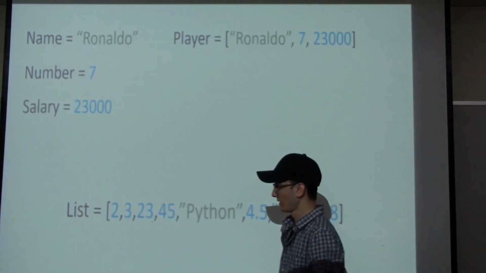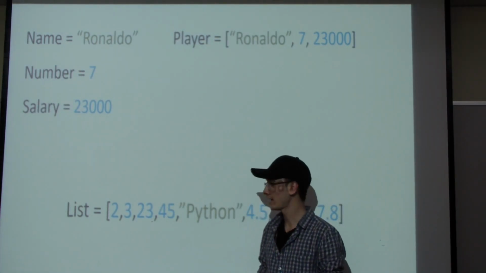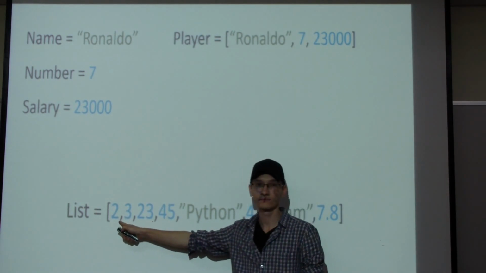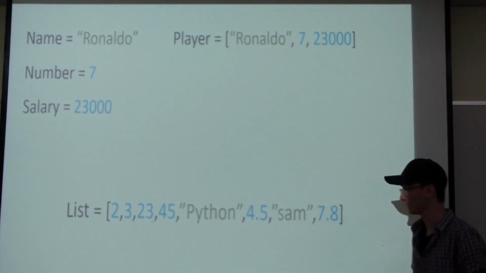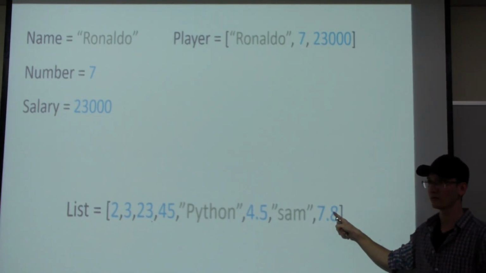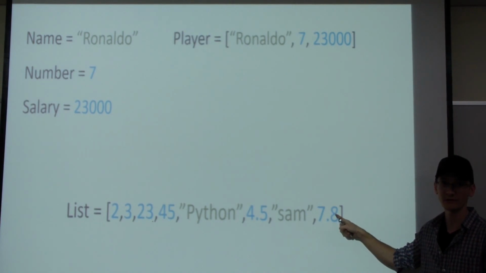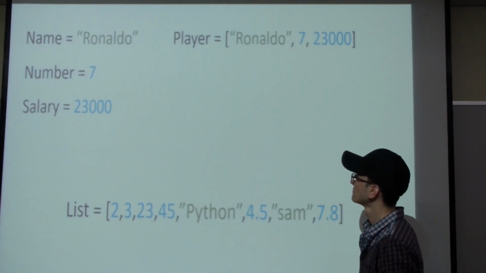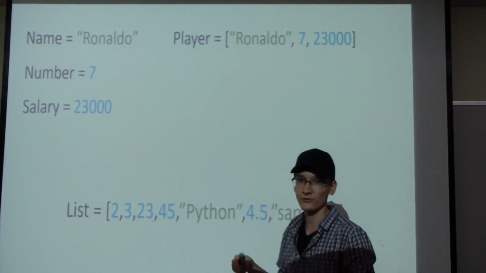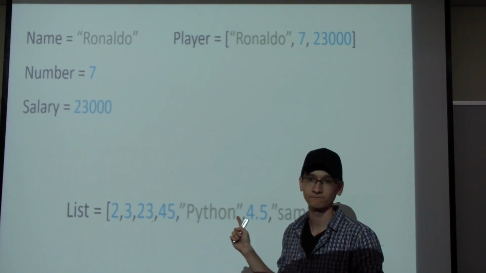So after each value, you have to put what? Comma. You can enter any values. It is not necessary how many. So you understand how to create it and how to give values to the list.